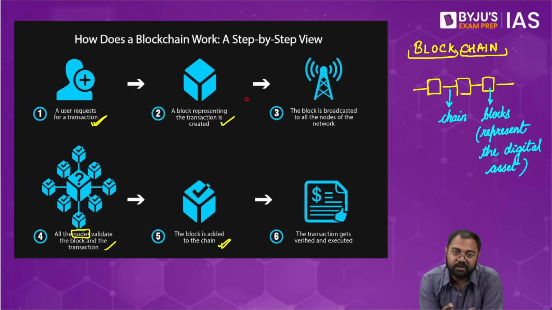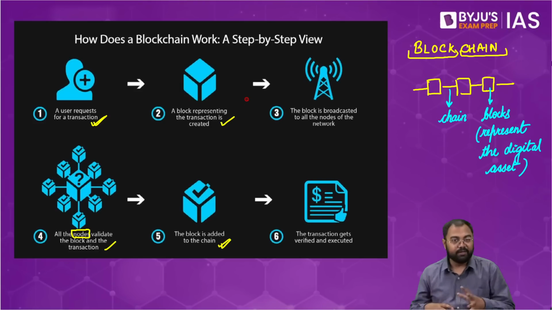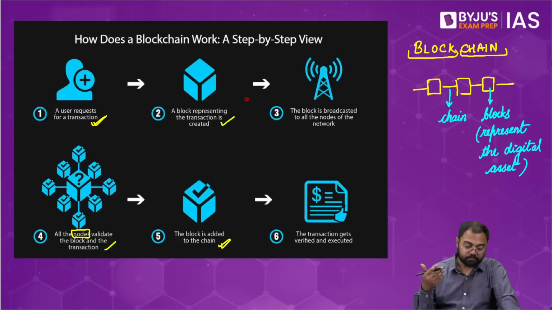So even if somebody is trying to hack into the system or modify the blockchain, it still cannot be done. There are a lot of different mechanisms working together to make this blockchain extremely safe and secure, right? And that is why we see that the blockchain network becomes very, very safe.